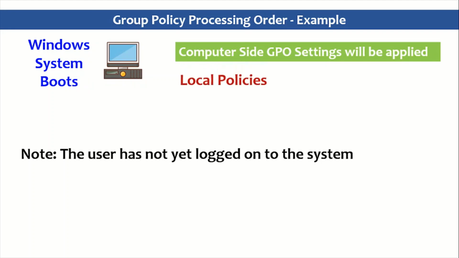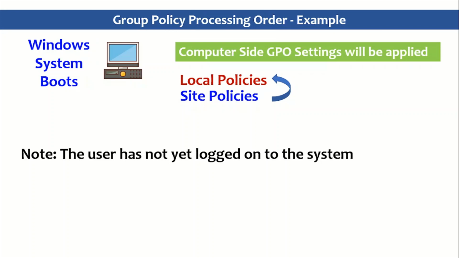First the local computer policies will be applied, and then the site level computer side group policy settings will be applied. And if there is a conflict between the local policies and the site level policies, the site level policies will take precedence over local policies. Means site level policies will override local policies.